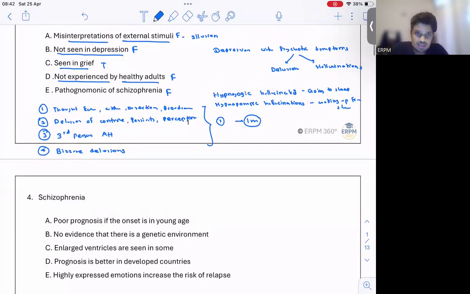Just having hallucinations is not specific for schizophrenia, because there are other conditions which can give rise to hallucinations. For example, delirium, substance use, and mood disorders can also give rise to hallucinations. So hallucinations alone are not pathognomonic of schizophrenia. That is false.